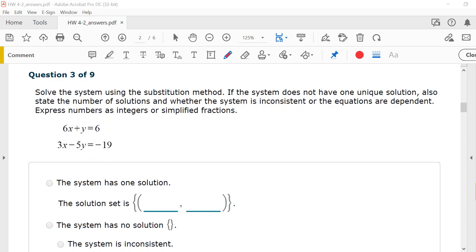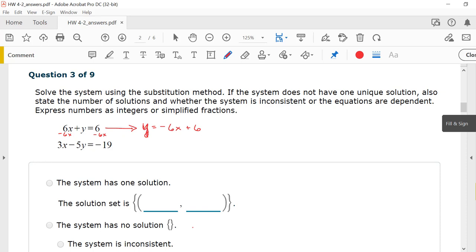Number 3, they give you the system, but they don't give you either one of them in terms of, like, y equals something or x equals something. But this equation, if I subtract 6x from both sides, would leave me with y equals negative 6x plus 6. I like that.